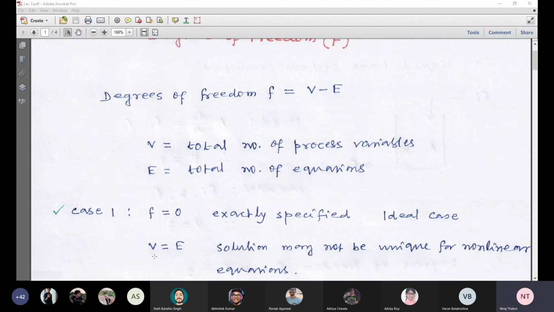V equal to E. So this type of system is called exactly specified system. This system is exactly specified if V equal to E. Okay, but in this case we may not have unique solution, particularly for the nonlinear equations.